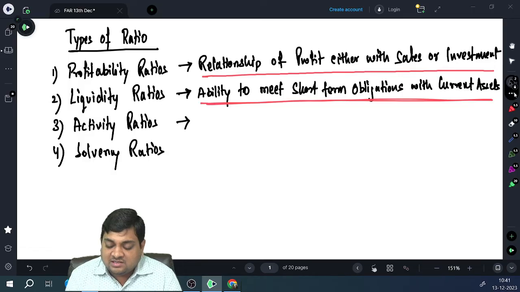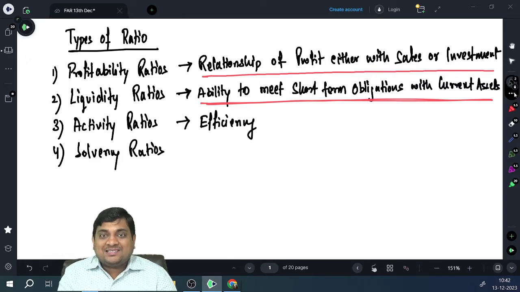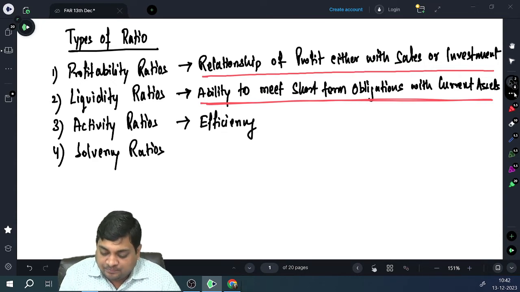Activity ratio means the efficiency test. Basically efficiency: how quickly you are selling your inventory, how quickly you are realizing the debtors, and how late you are paying your creditors.